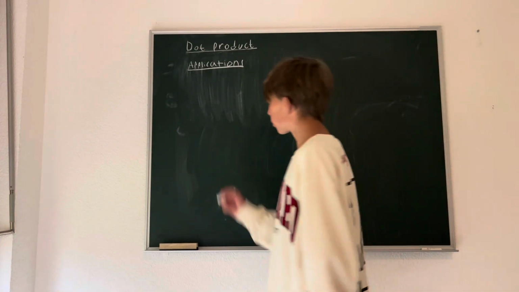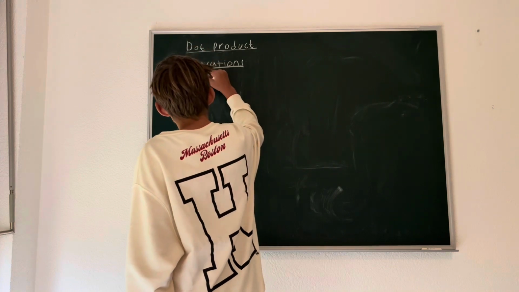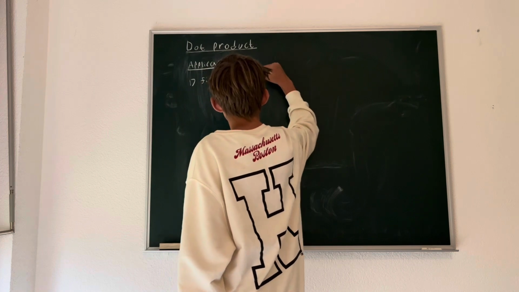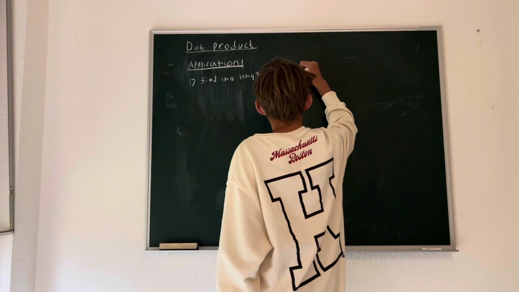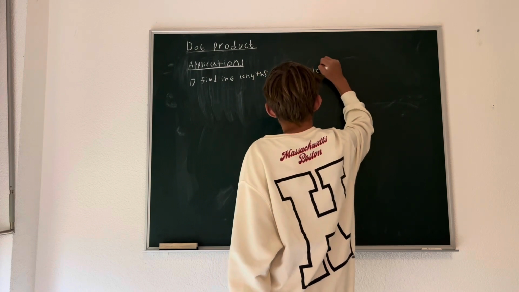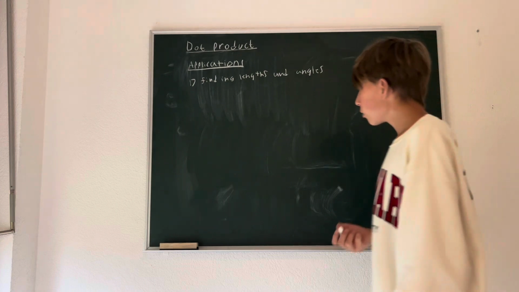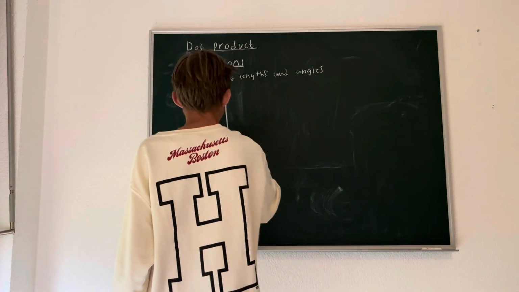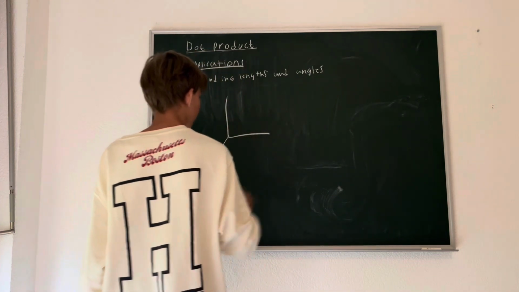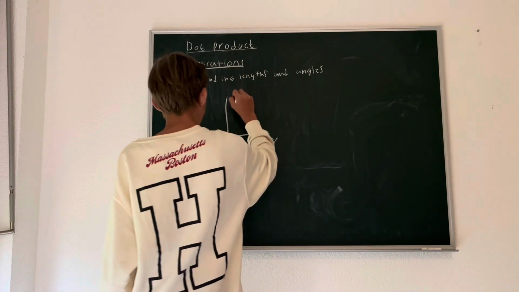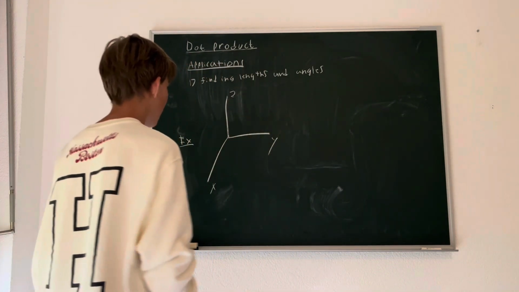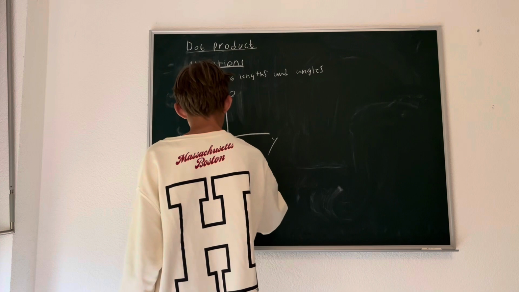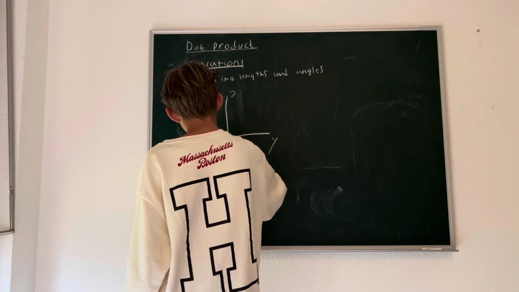So one application of the dot product is finding length and angles. So how can we do this? Let's say I have a point A that is at 1, 0, 0.